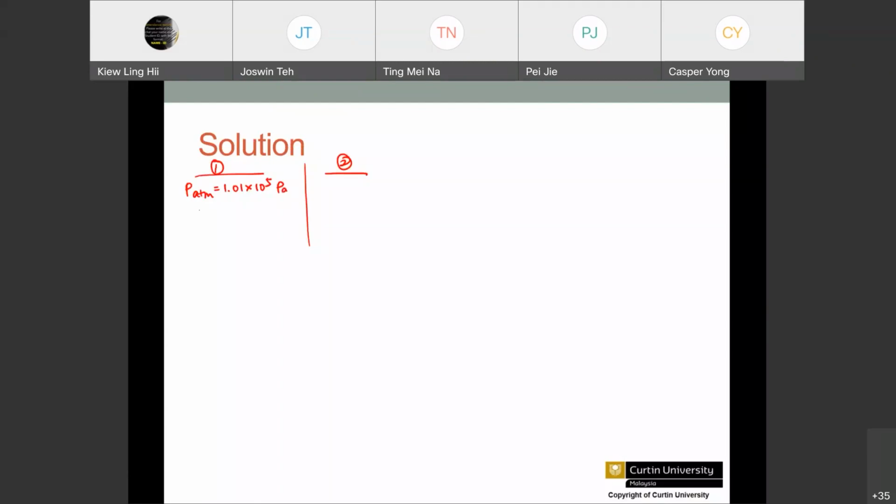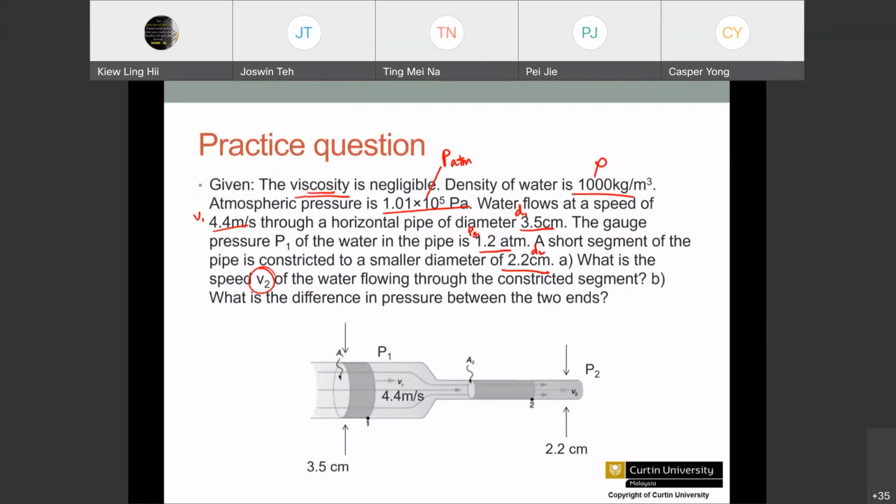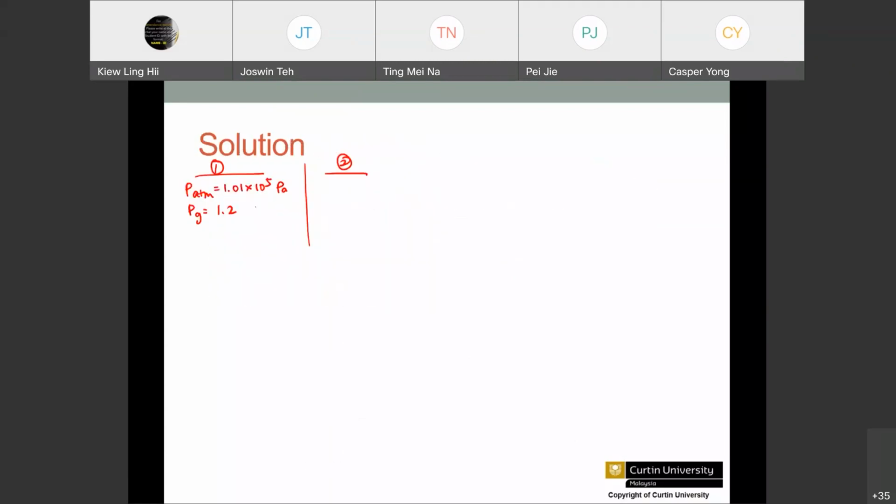The gauge pressure is 1.2 atm. Convert to SI unit, 1.2 times 1.01 times 10 to the power of 5, 1.21 times 10 to the power of 5 Pascal.